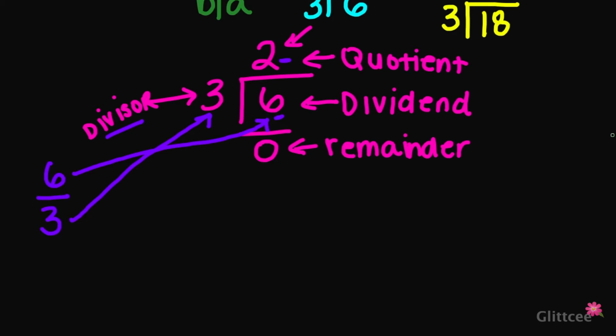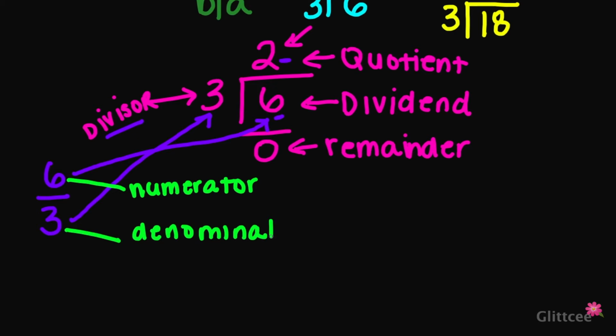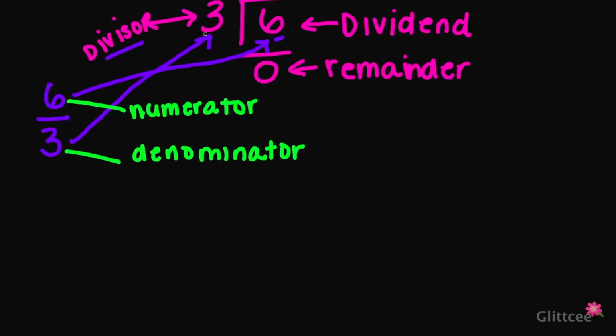Let me get a different color so we can see what's going on. Your 6 is your numerator, and then your 3 is your denominator.